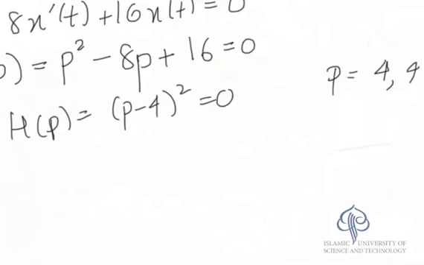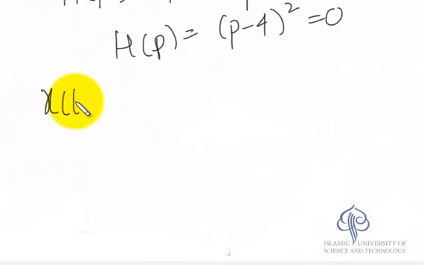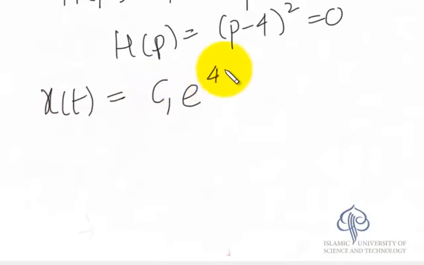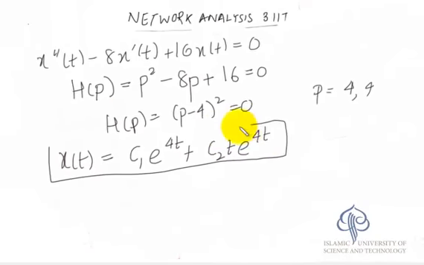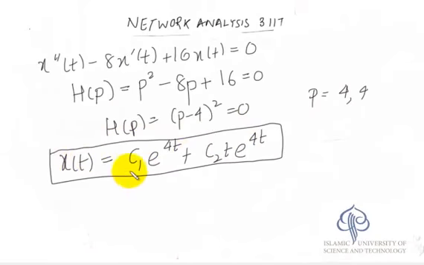So you can write down the solution by writing the general form c1 e to the power 4t plus c2 t e to the power 4t. This is the solution, and for finding the values of c1 and c2 you need initial conditions.